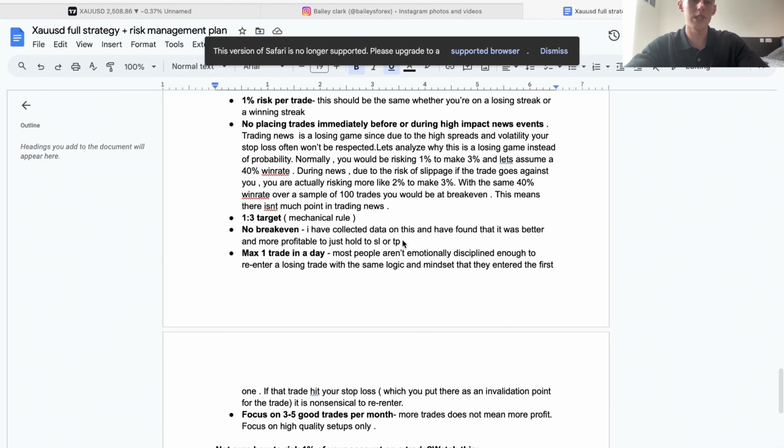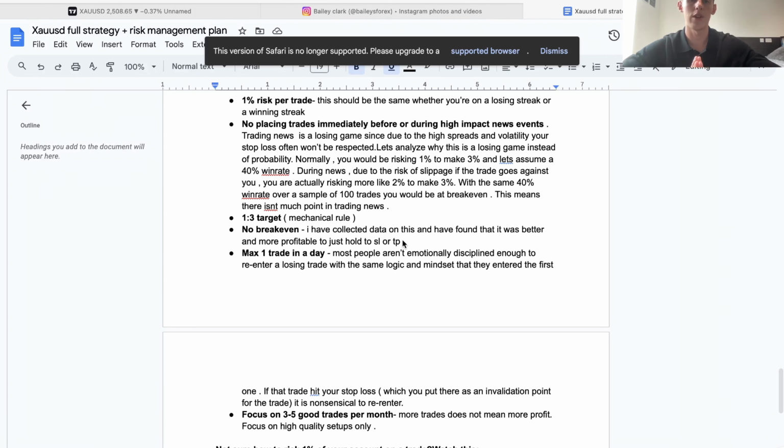So I think for the majority of people, if they lose 1 trade, then they cannot execute the next trade with the same mental clarity and logical thinking that they would have executed the first trade with. And this isn't really their fault. This is just a human problem. Very few people have that sort of psychological discipline in order to do this.